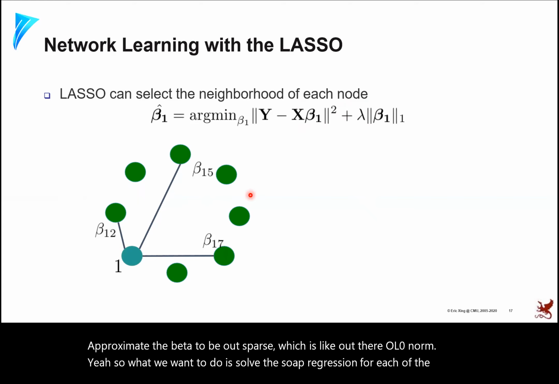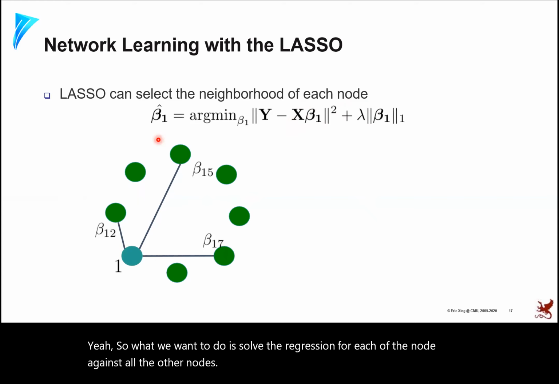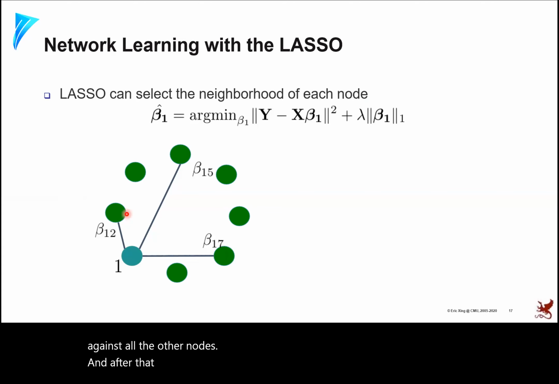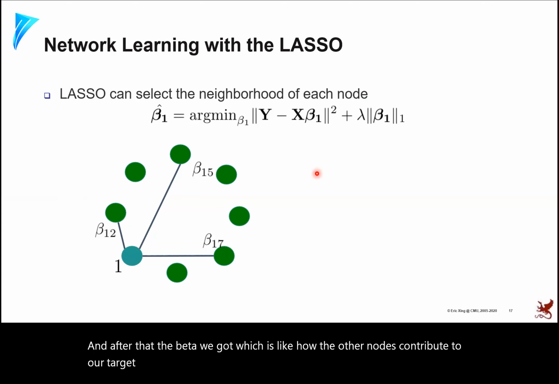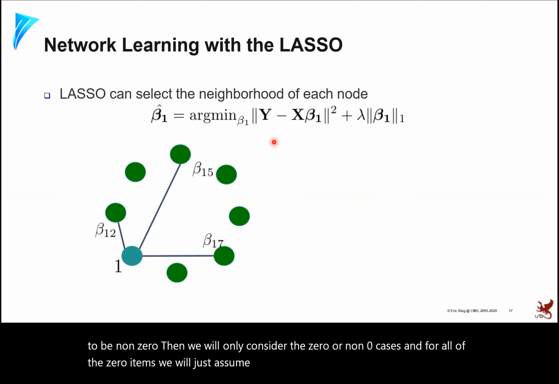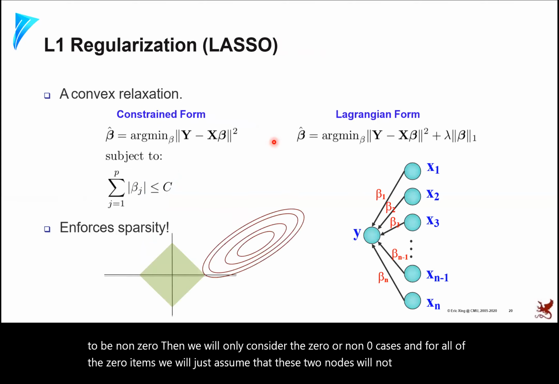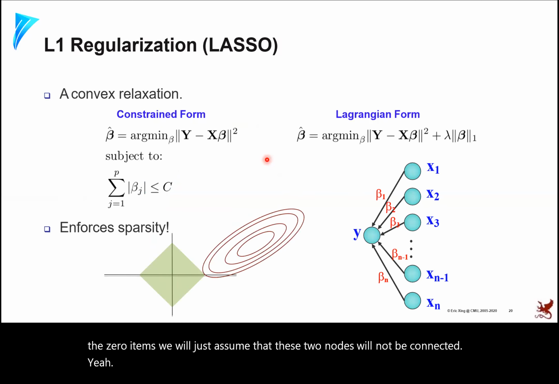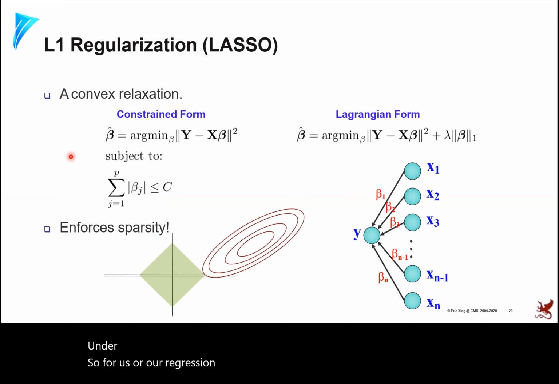After that, the beta we get, which is how the other nodes contribute to our target node, will have some items be zero and the others non-zero. We only consider the zero or non-zero cases, and for all of the zero items, we assume that these two nodes are not connected.